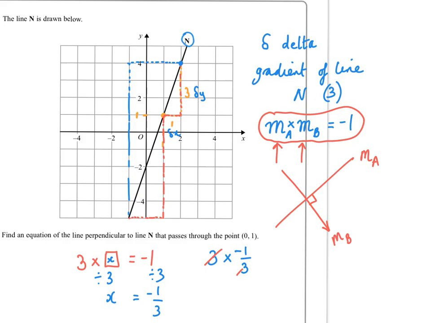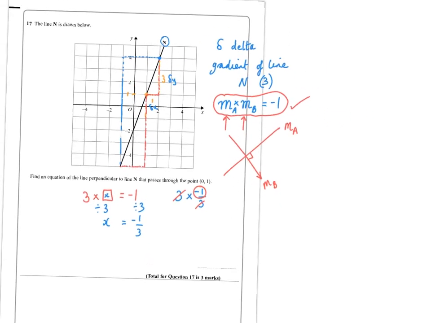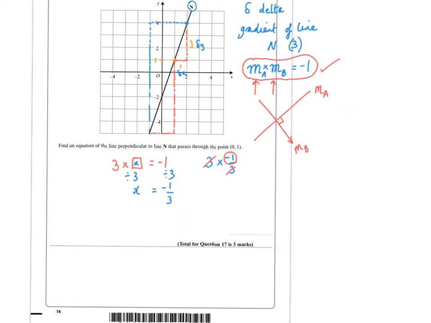Well, the 3's cancel and you're left with -1. So that's the property for lines to be perpendicular to each other. So we know that the equation of a line that's perpendicular to n must have a gradient of -1/3. So that's the first fact we want to keep hold of.